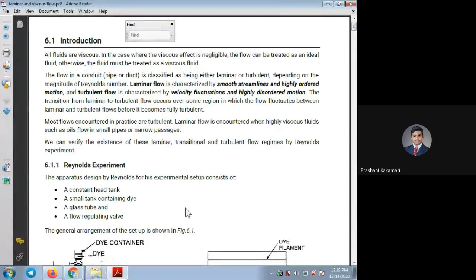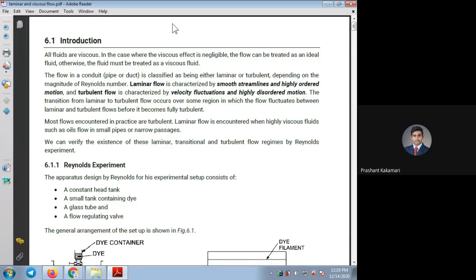So in this laminar flow, first of all, what you have to do is recall the Reynolds number. Without the Reynolds number, one cannot differentiate what is laminar flow or turbulent flow. So even you have done the experiment on the Reynolds number.